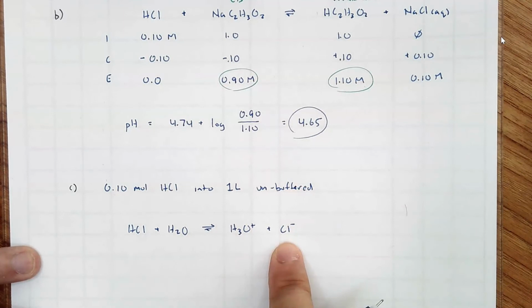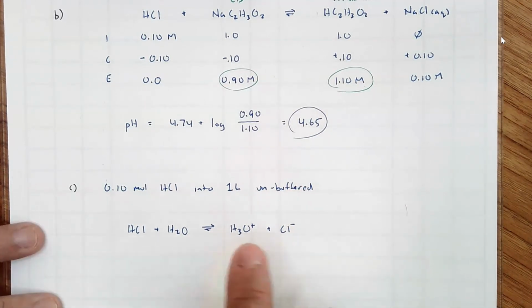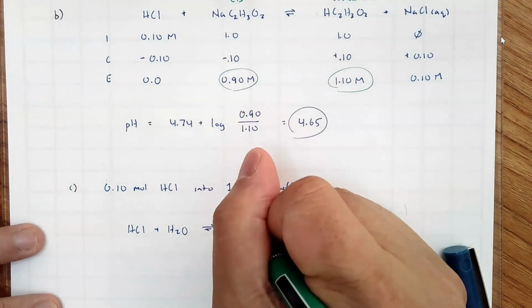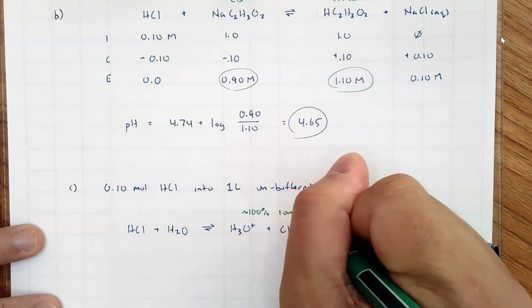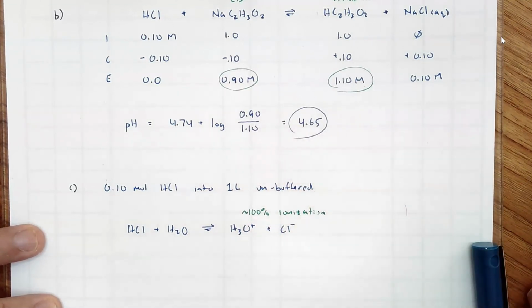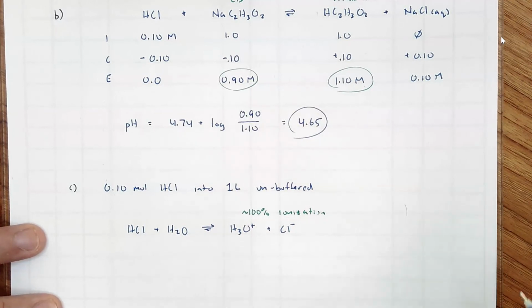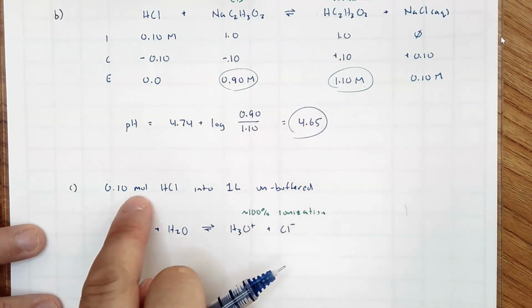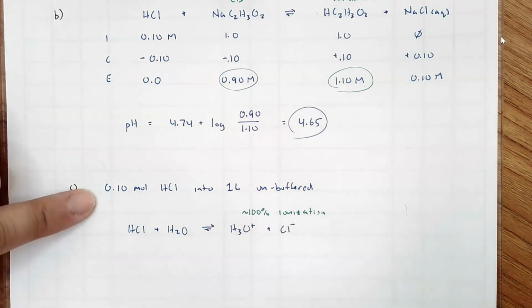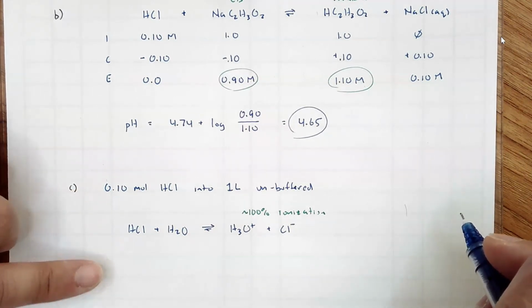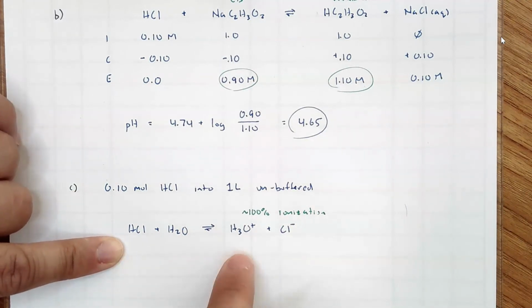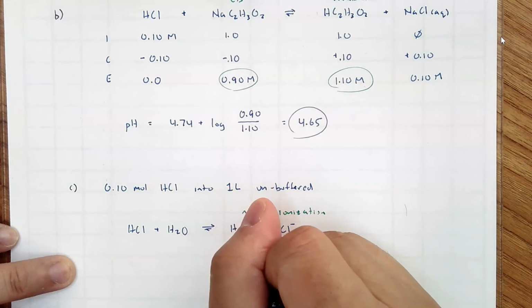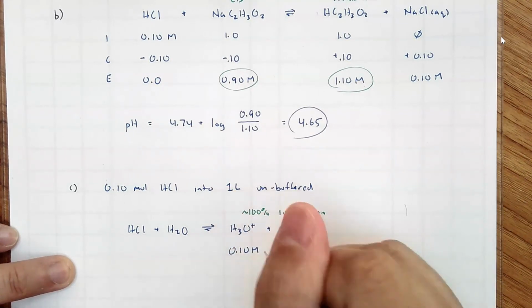Because this is 100% or near 100% ionization, dissociation, same difference, if you have 0.10 mole in 1 liter, that's starting at 0.1 molar. But all of that 0.1 molar HCl became 0.10 molar H3O plus.